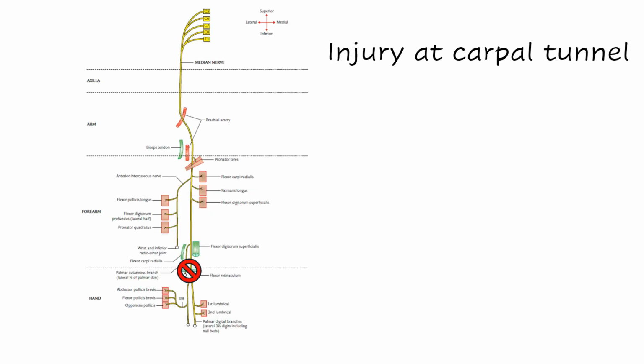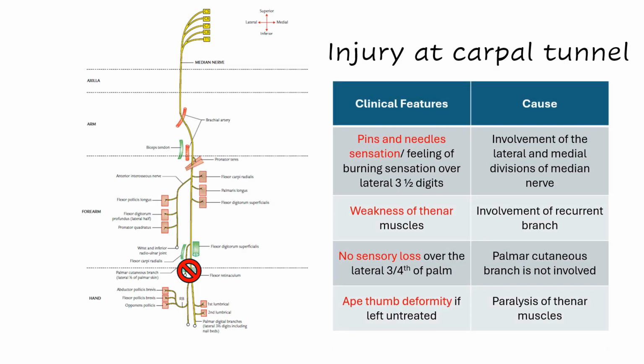Let's now understand the clinical features of injury of median nerve at the carpal tunnel. There is pins and needles sensation, that is a feeling of burning sensation over the lateral 3½ digits. This is basically because of the compression of the median nerve and involvement of these two divisions, that is the lateral and medial divisions which supply these digits.